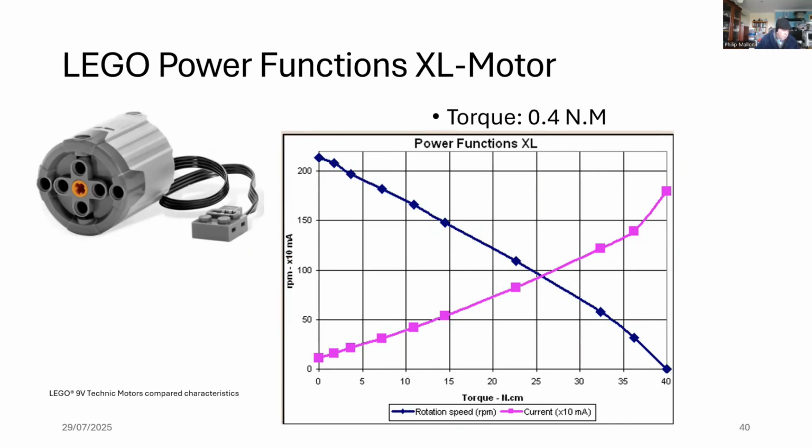It'll get up to 0 speed on the stalled position on that one. And the torque for that is 40 Newton centimeters, or 0.4 Newton meters.